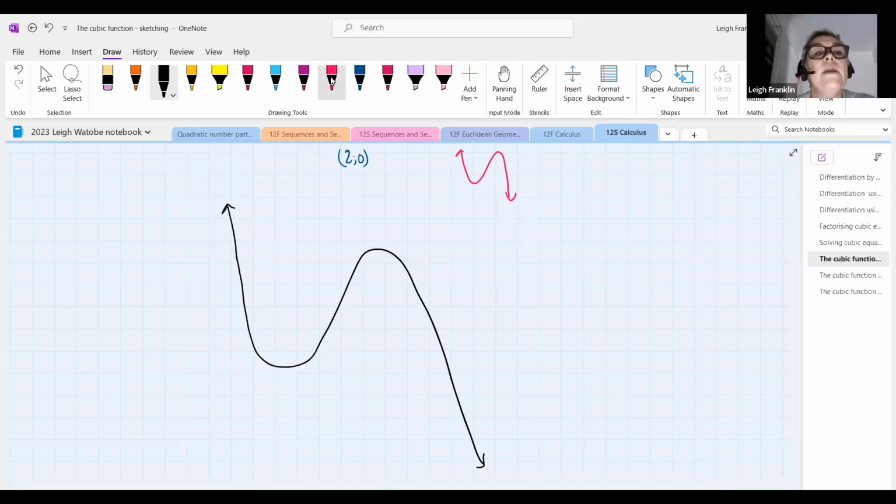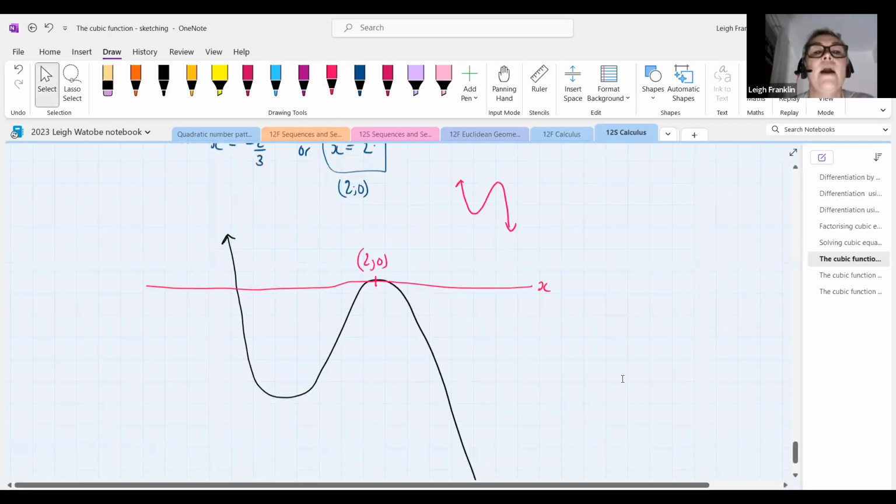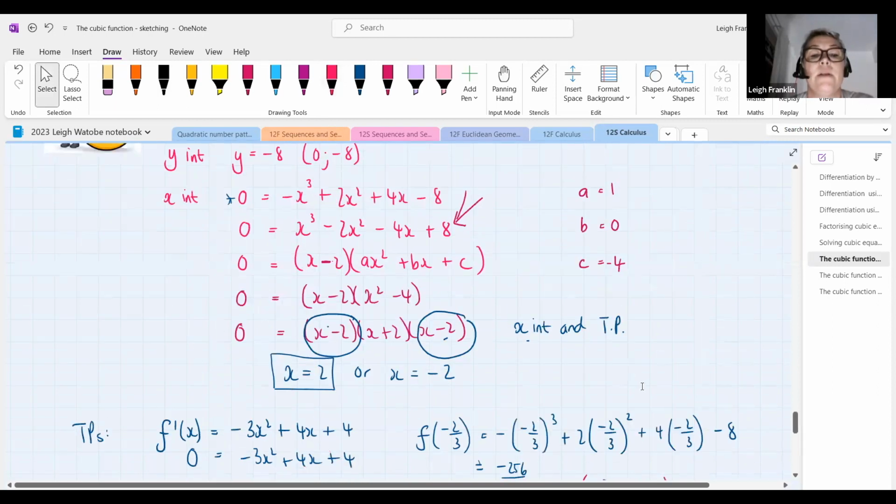Okay, so we know that it has one of its turning points on the x-axis. So there's our x-axis. Okay, so this point over here was 2 and 0. What was our other x-intercept? -2.